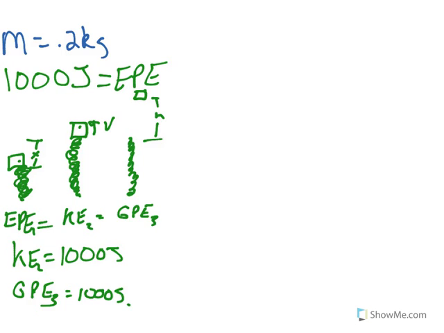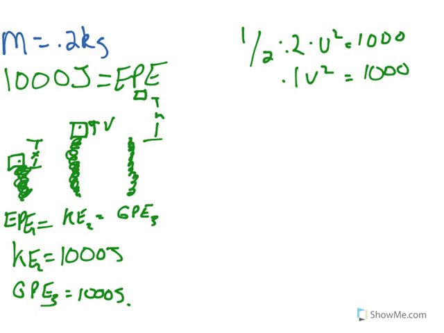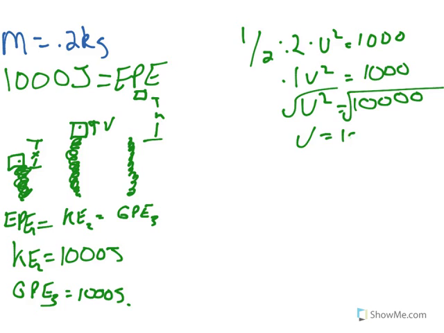Alright, so what that means is that 1/2 times 0.2 times v squared equals 1,000 joules. So that means that 0.1 v squared equals 1,000 joules, which means that v squared equals 10,000. And then square root, and v is equal to 100 meters per second. So that's the first one.